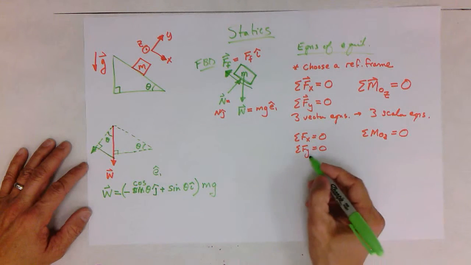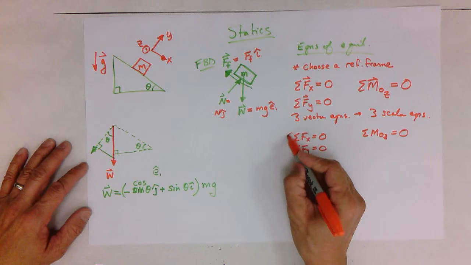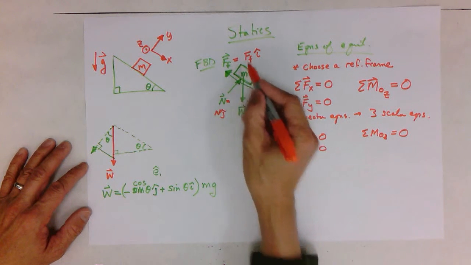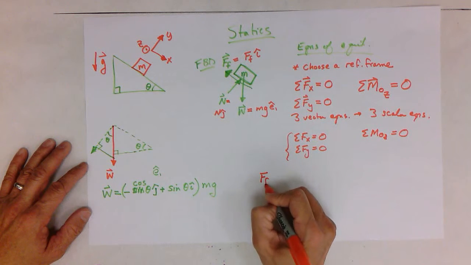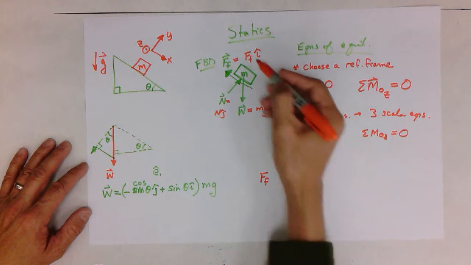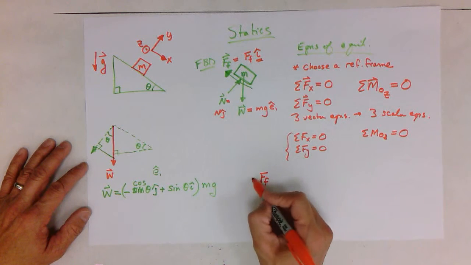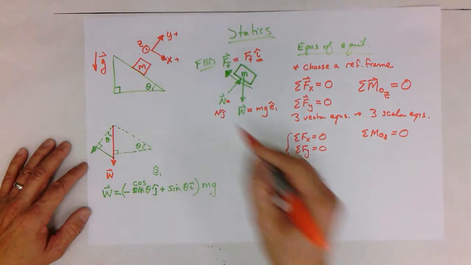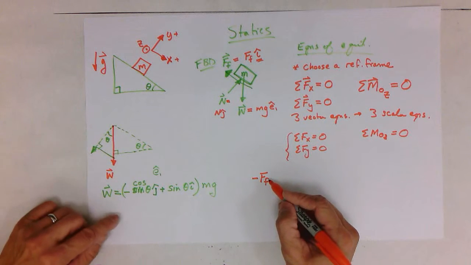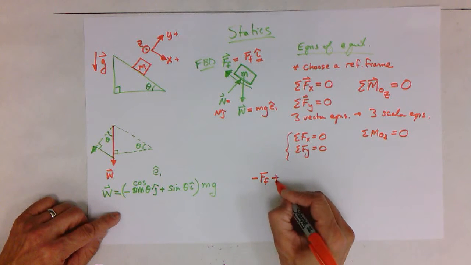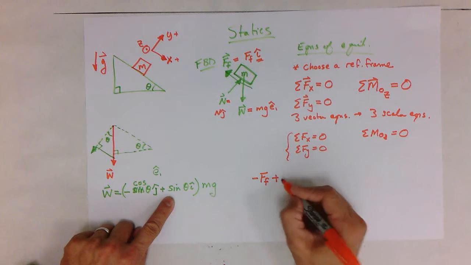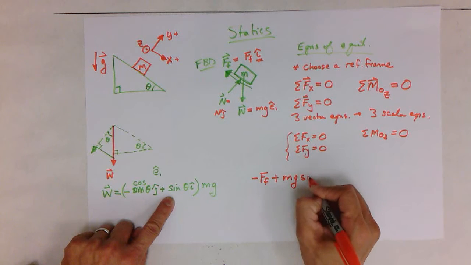All right, so now let's go directly to our scalar equations. If we're going to sum all the components in the x direction, let's sum those. We have one here. It's in the x direction, indicated by unit vector i. It's going in the minus x direction, so we're specifying a right-handed coordinate system. It's plus going this way, it's plus going upwards. So this is in the minus direction. Then we're going to add this W sine theta, so mg sine theta.